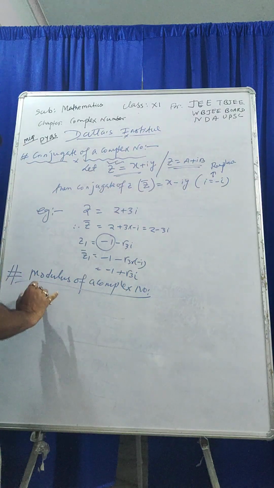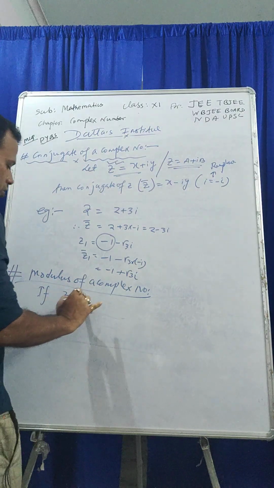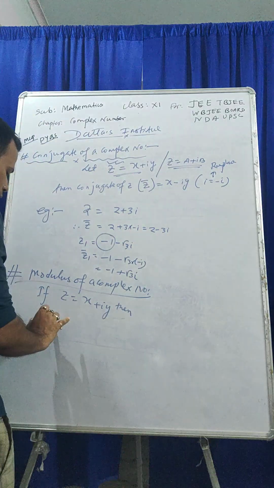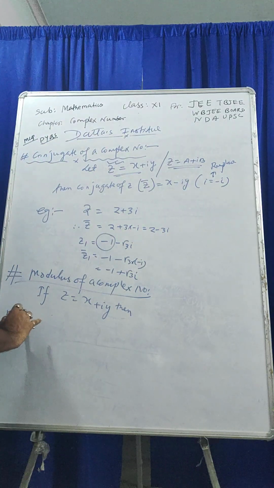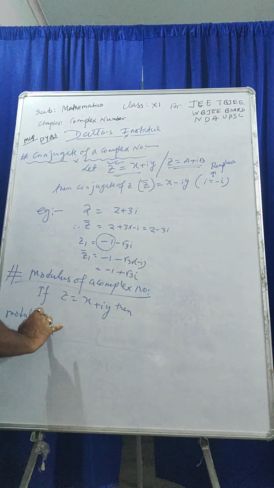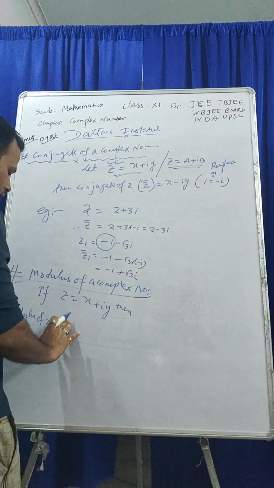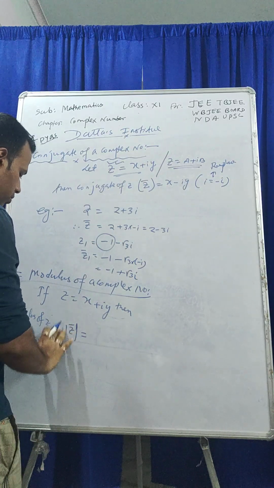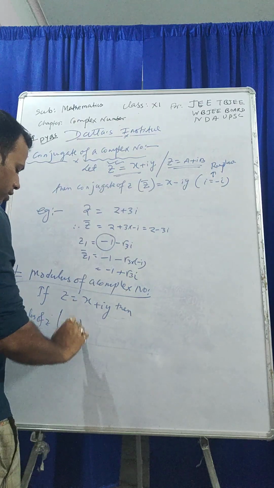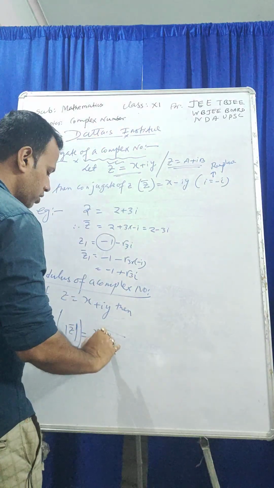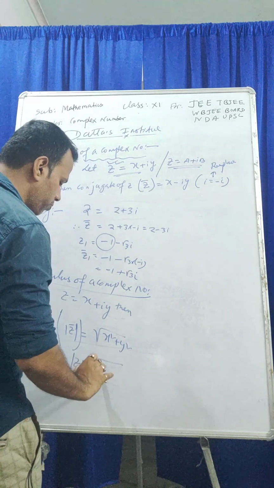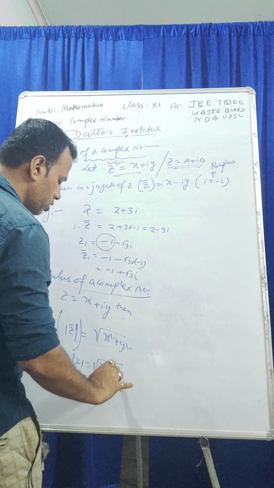If z is equal to x plus iy, then we can say mod z is equal to root over x square plus y square.